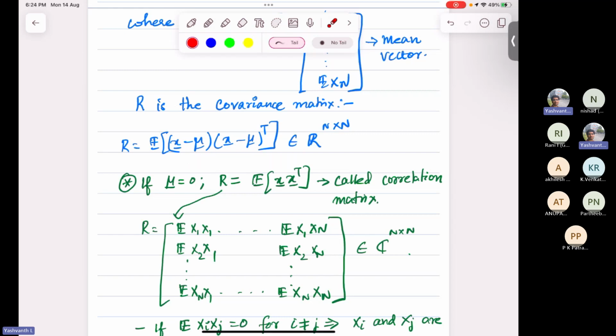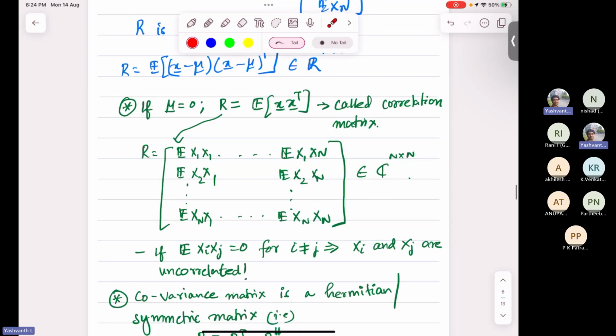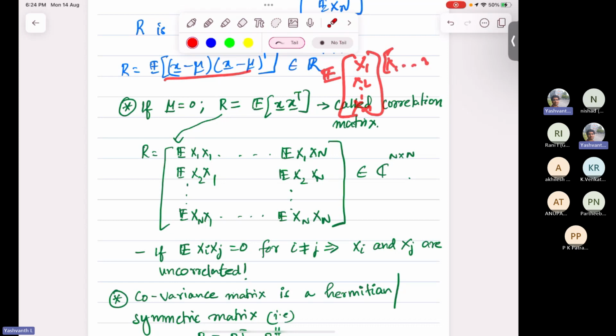For simplicity, if you consider mu to be 0, that is, a zero mean vector, then R is equal to expectation of xx transpose. This is also called the correlation matrix. Whenever the mean becomes 0, the covariance and correlation matrices are the same. If I see the correlation matrix, it will look something like this. Just expand this: it is nothing but expectation of x1, x2, and so on till xn times x1 and so on till xn.